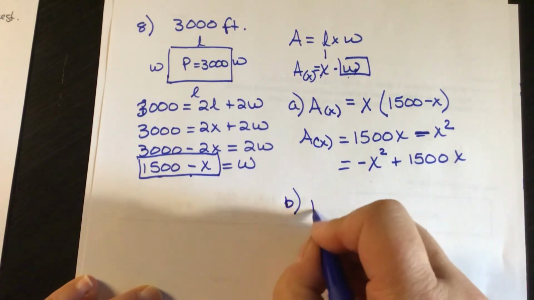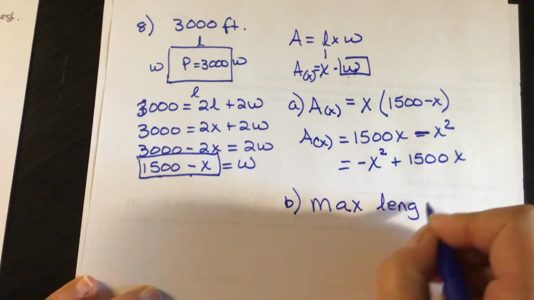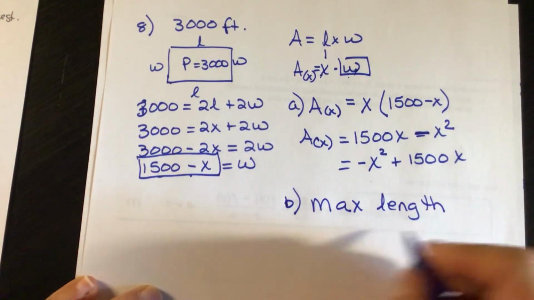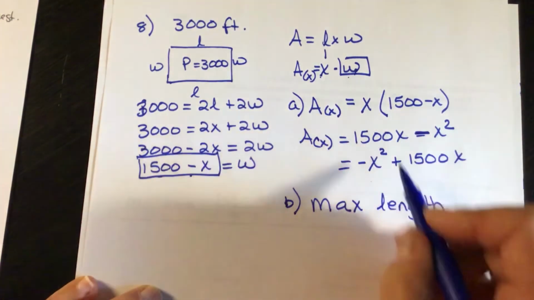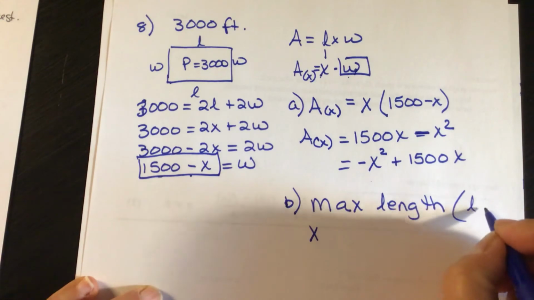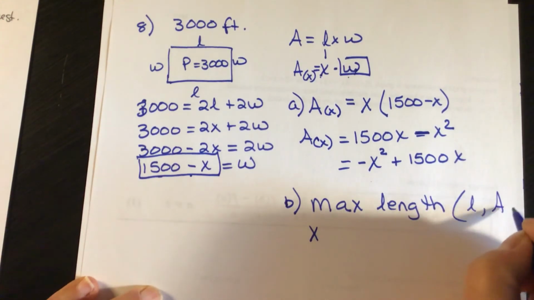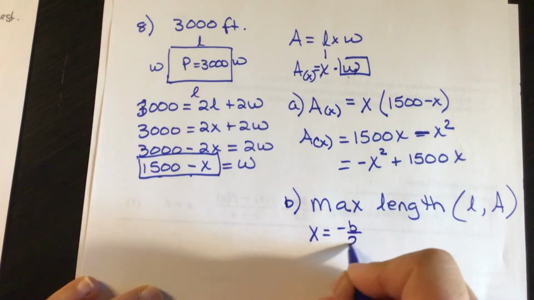Okay, so the maximum length is going to come from the x part of our vertex. So here's our length, and here's our maximum area. So x is going to be minus b over 2a.